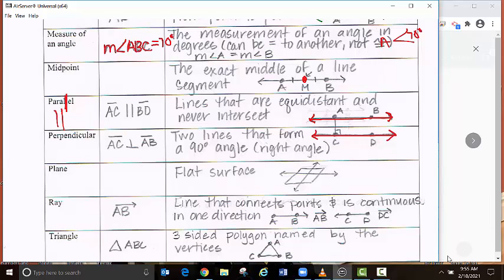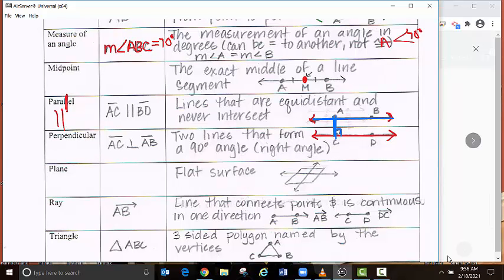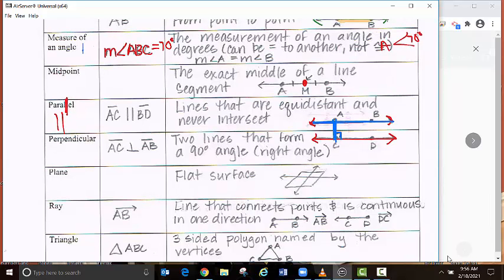The lines on the ceiling in my room are parallel. Okay, the next one is perpendicular. That means they cross at a perfect 90 degrees. So AC, this one right here, is perpendicular to AB. They cross at 90 degrees. And that's the little symbol.